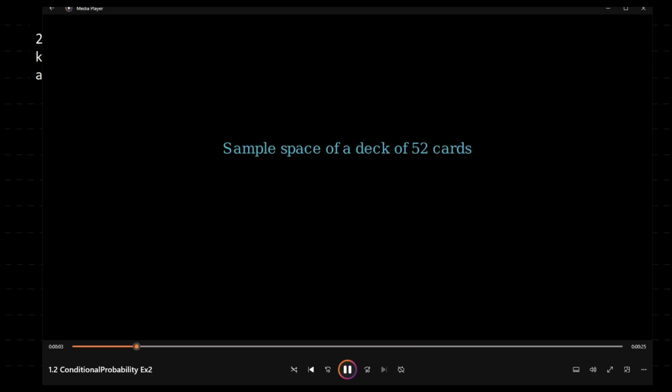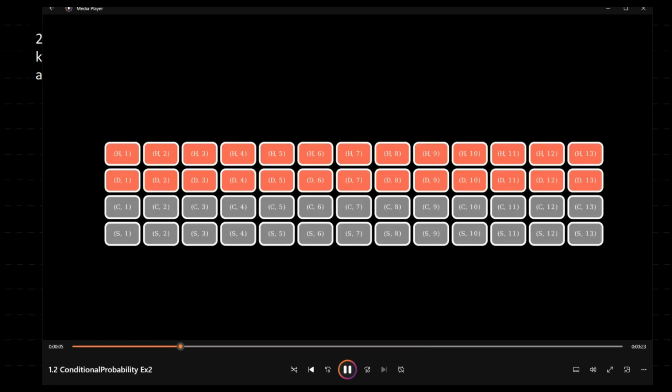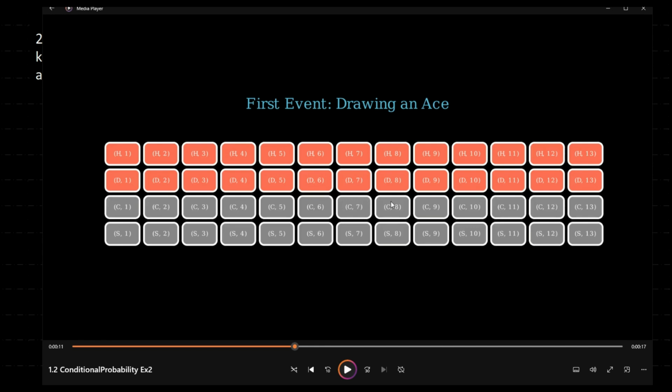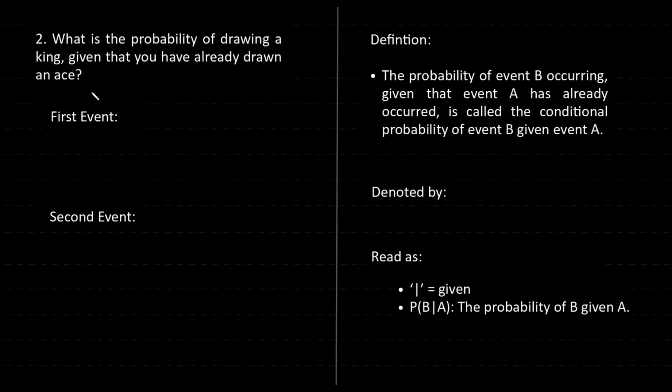So 52 cards again, that's the sample space. So the first condition is we are drawing an ace, right? That's the first condition. So you need to understand what is the first condition. First condition is drawing an ace. See, you need to understand what is the first condition and then work towards the second condition.